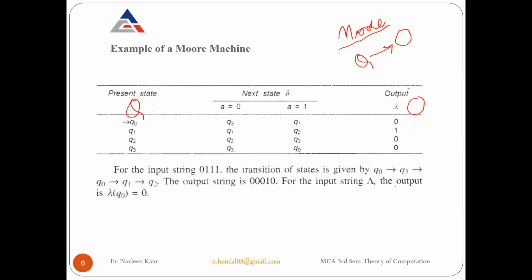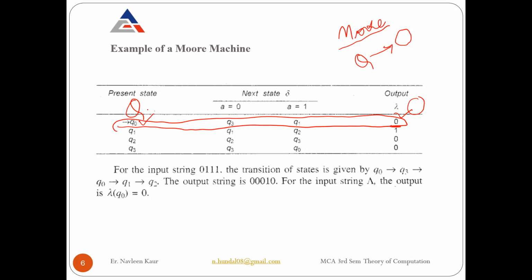If I look at this table, can you see that your output will not change? If I talk about the very first row only, what is the output? Output is 0. And what is the current state?